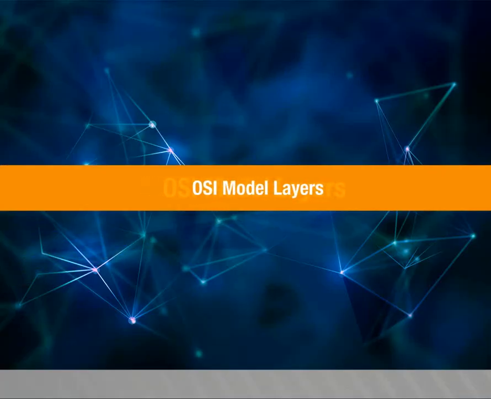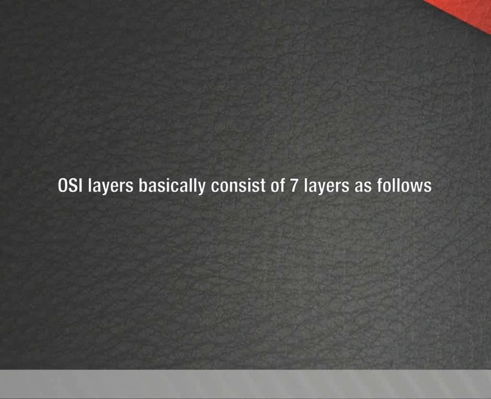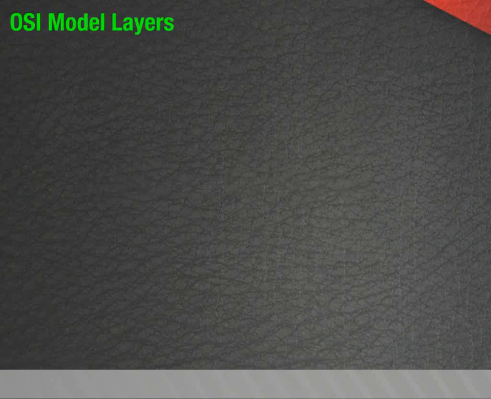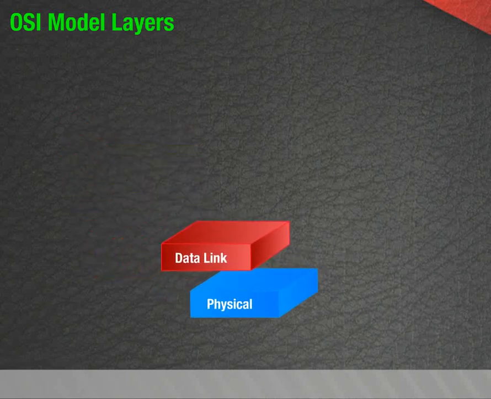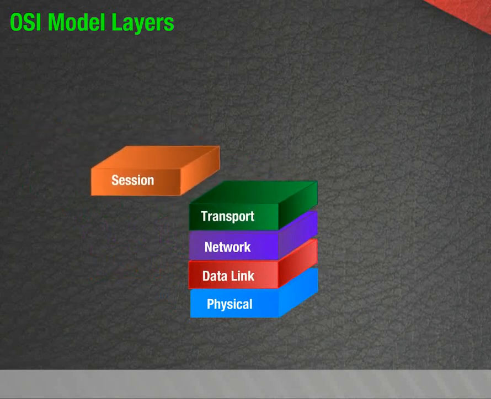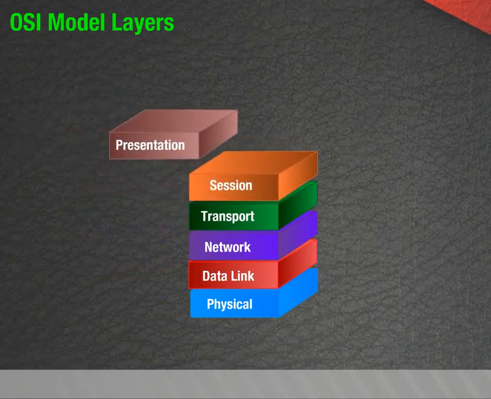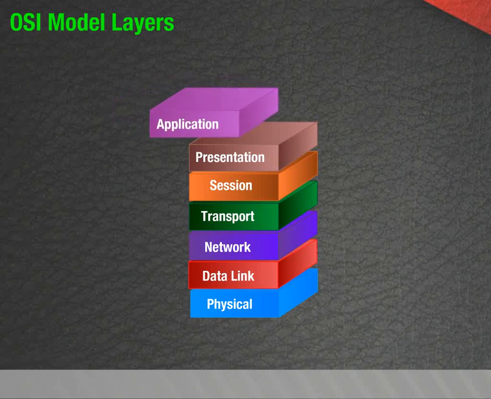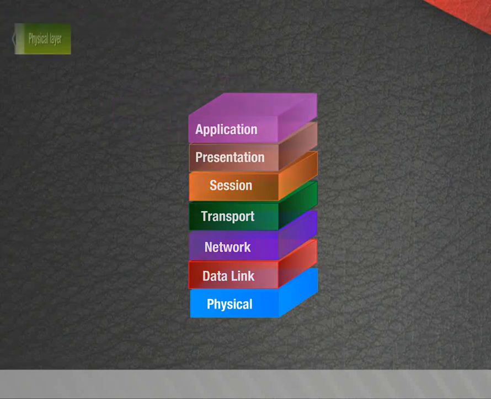OSI model layers. In this video, we are going to learn about the layers of the OSI model. OSI basically consists of 7 layers as follows: physical layer, data link layer, network layer, transport layer, session layer, presentation layer, application layer.